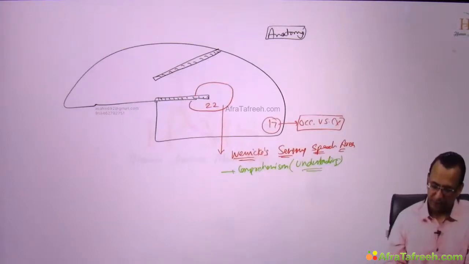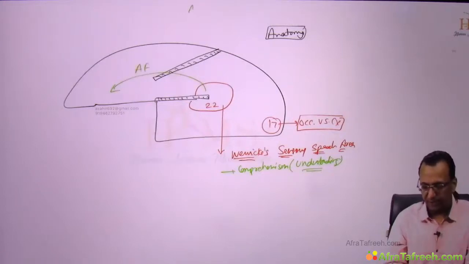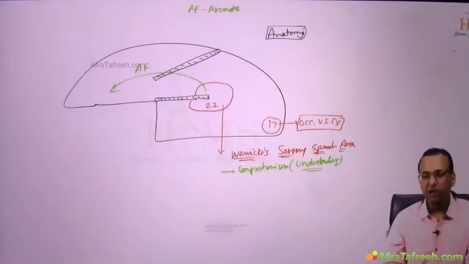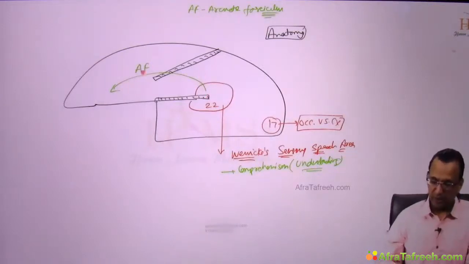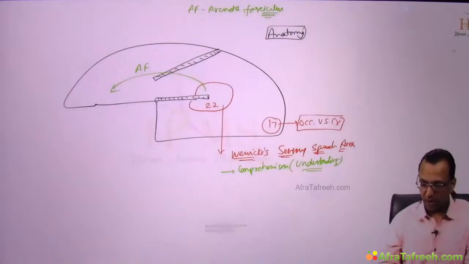Actually, we need a fasciculus now, which is called the arcuate fasciculus. AF is arcuate fasciculus. It is some arc-shaped bundle of axons. Fasciculus means bundle of axons. So there is some arcuate fasciculus connecting area number 22 with area number 44. Double the number.